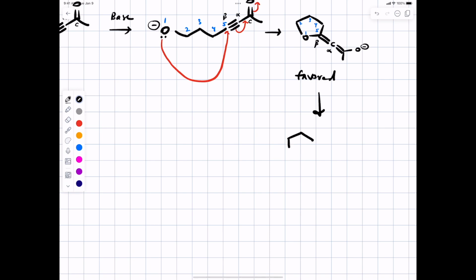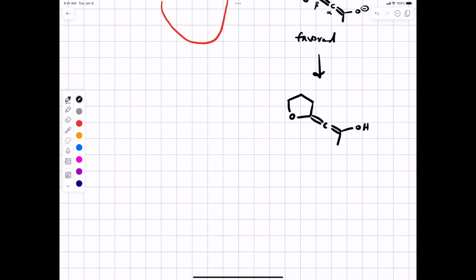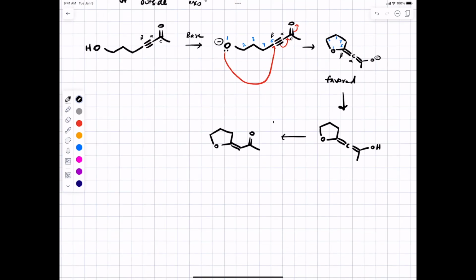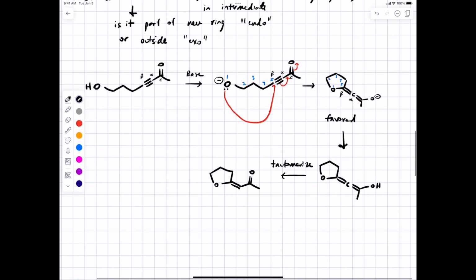I'm sorry, on the negatively charged oxygen first to get the enol tautomer, and then probably this tautomerizes afterwards to give you the more stable alpha beta unsaturated carbonyl compound. Okay, so for this cyclization, we made a 5-membered ring.